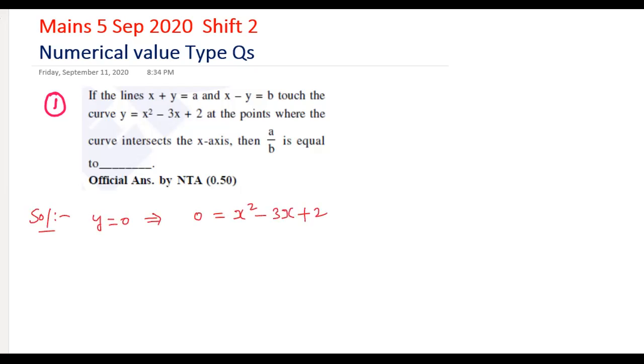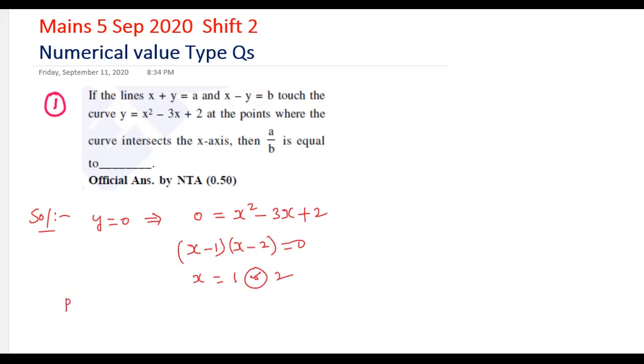This is a quadratic equation in x. Split into factors. Finally, you will get x minus 1 into x minus 2 is equal to 0. So x values are 1 or 2. So here we are getting 2 points of contact.